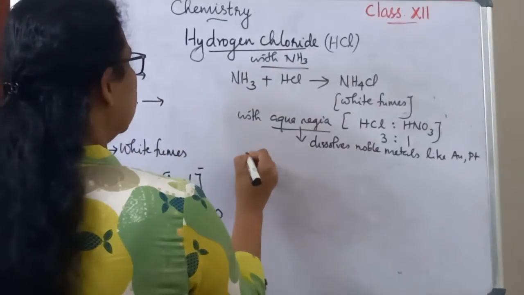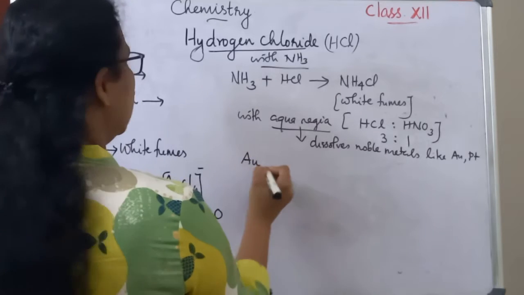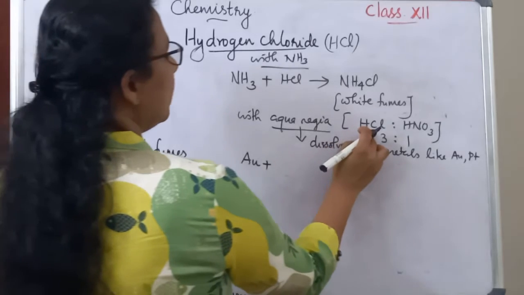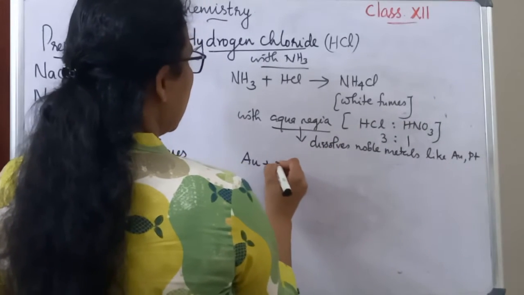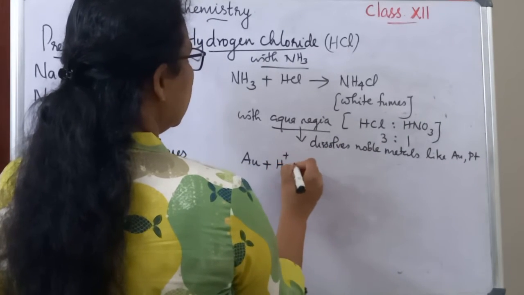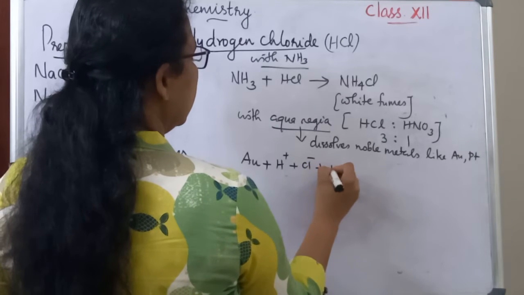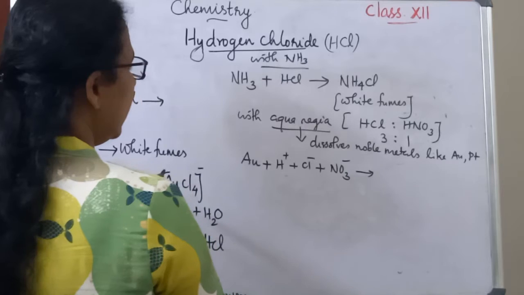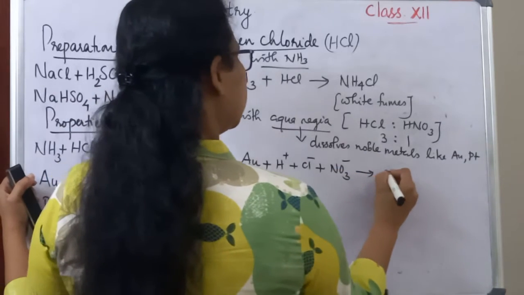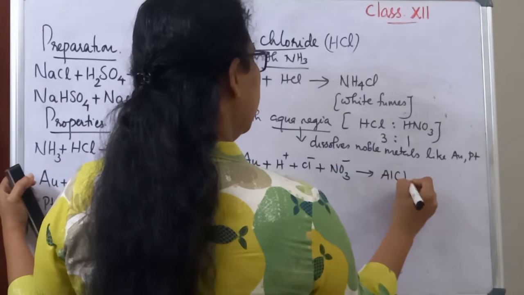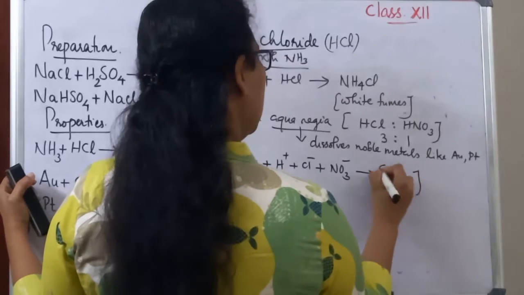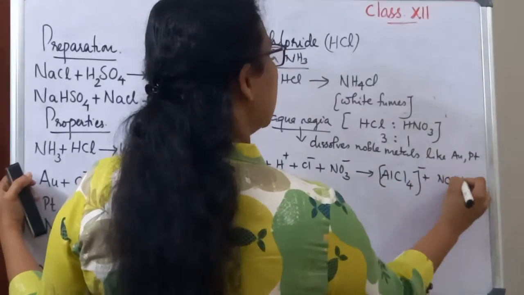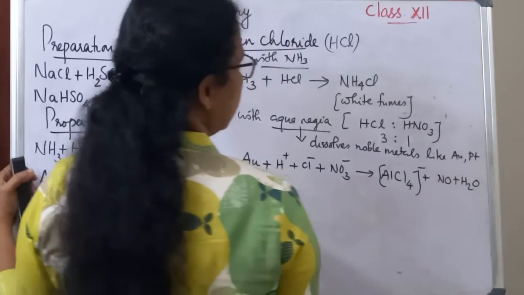First of all, let's see the reaction with gold. So gold is Au and it's a mixture of HCl and HNO3. So we can write H plus ions are there, Cl minus ions are there, NO3 minus ions are there. So this will be the reactant side. And the product side will be AuCl4 minus plus NO plus H2O.